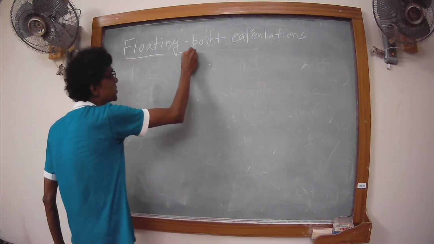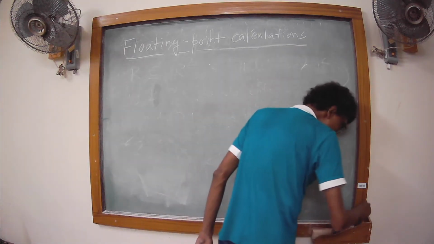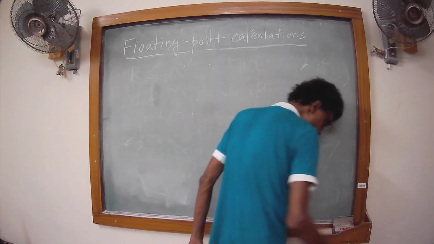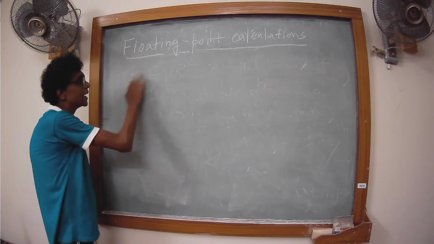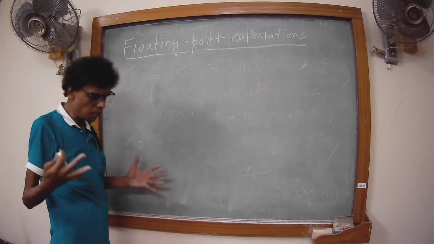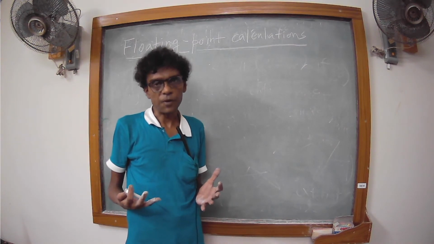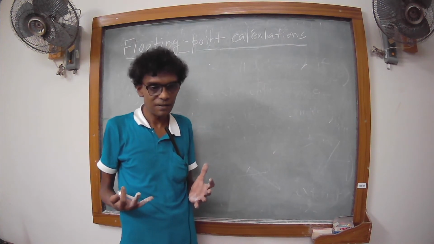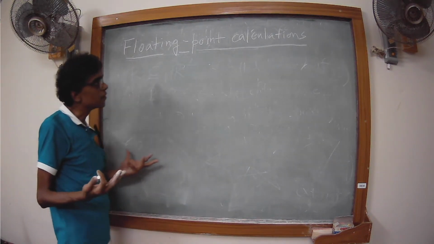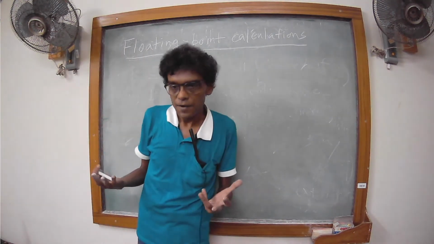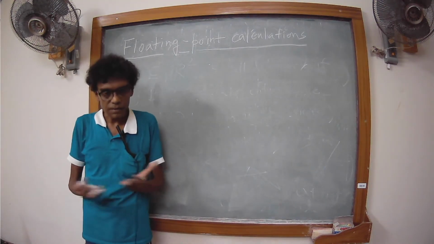What are the implications of this? Since we are talking about floating point computations, one thing is clear, that all calculations, or I would say more often than not, calculations are approximate, not exact.